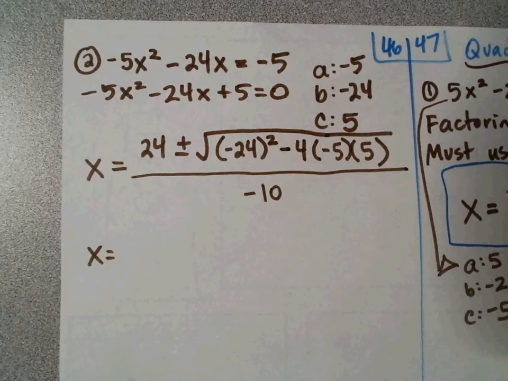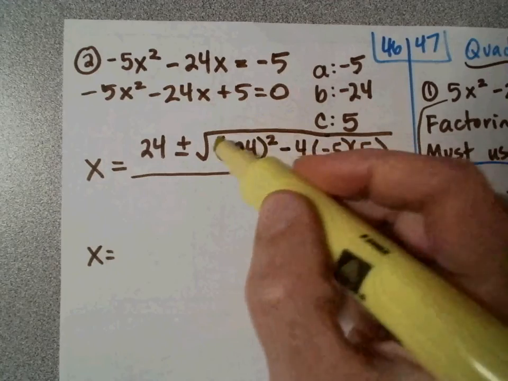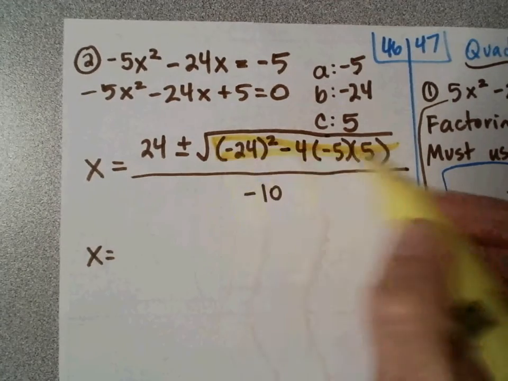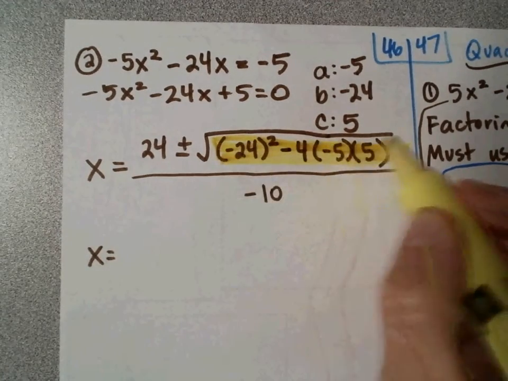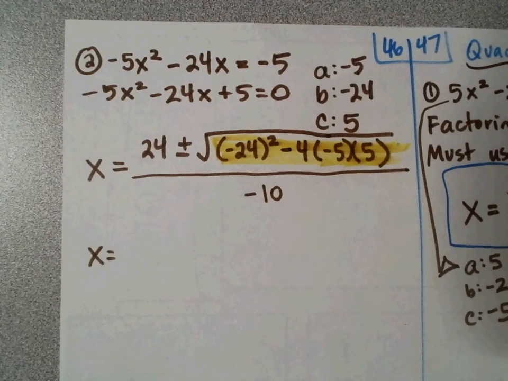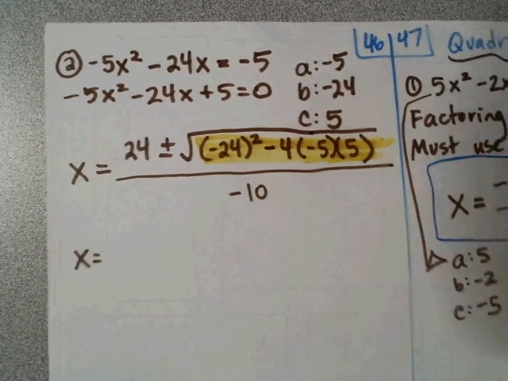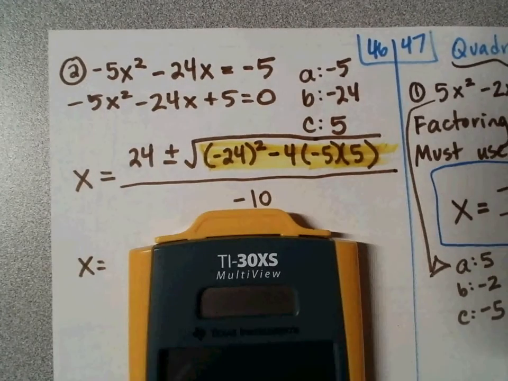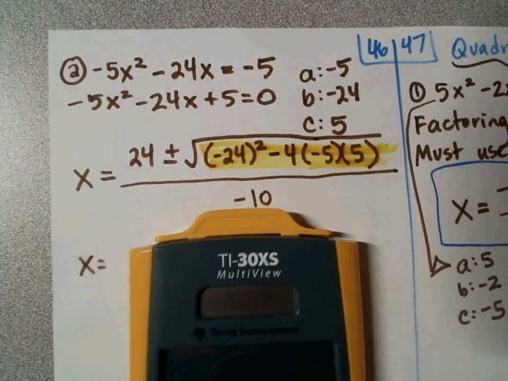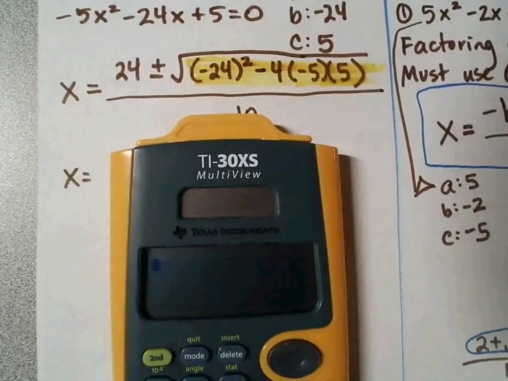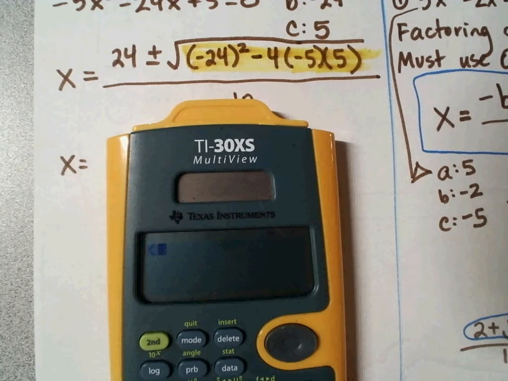You might want to highlight this like I did so you remember what to type in next. You're going to type in everything under the square root, but not the square root. Hey, quiet. -24 squared minus 4 times -5 times 5.